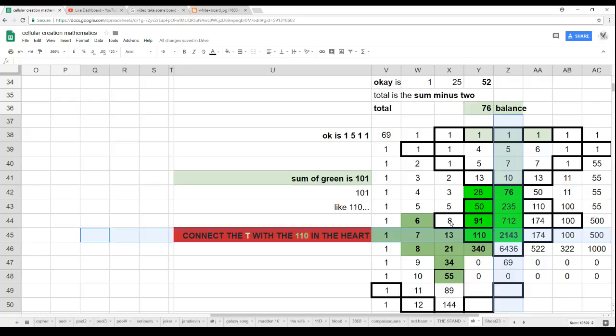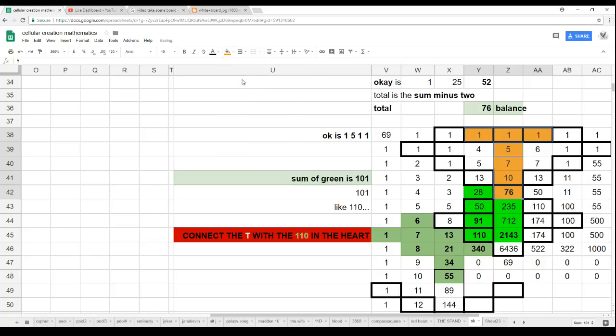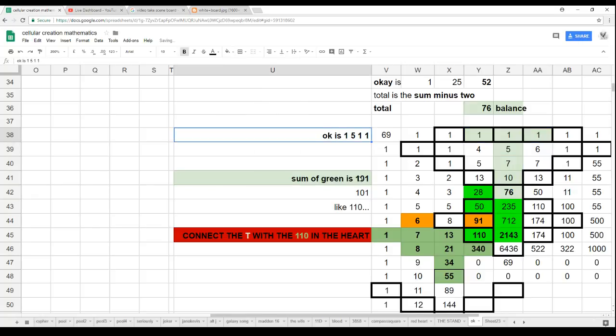Okay, the 6 and the 91 of the lower heart are only created because of the capital T. Okay, this capital T right here, that guy, is only created. Sorry, that's created, and it creates these two by the time we get there. Okay, so we're not going to account for these two at the bottom in the heart. Okay, when we count these paler shade of middle balance green. Okay.